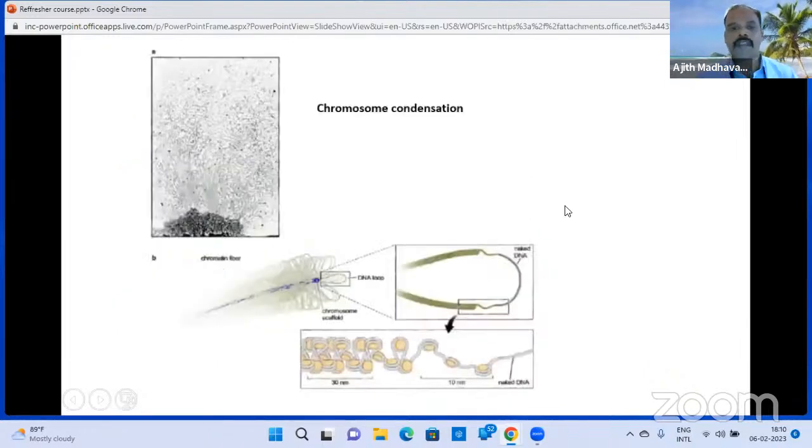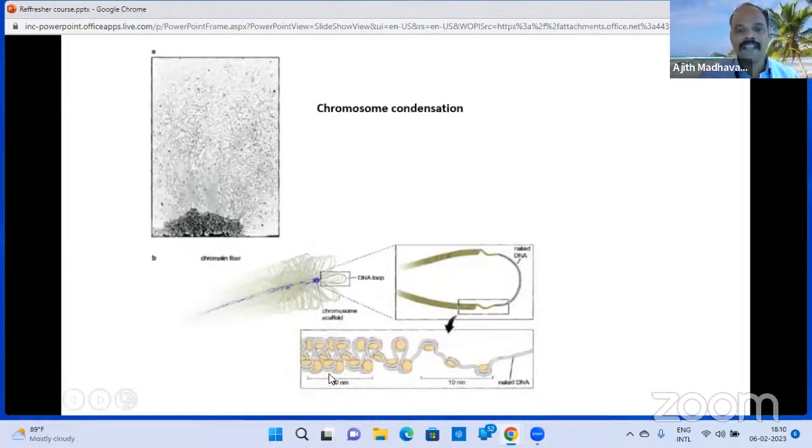So if you are not convinced with this, again, look at this picture. The best way to register this image is looking at the schematics. So you can see the chromatin fiber. So you can see how much DNA is present inside the cell. Huge amount of DNA.